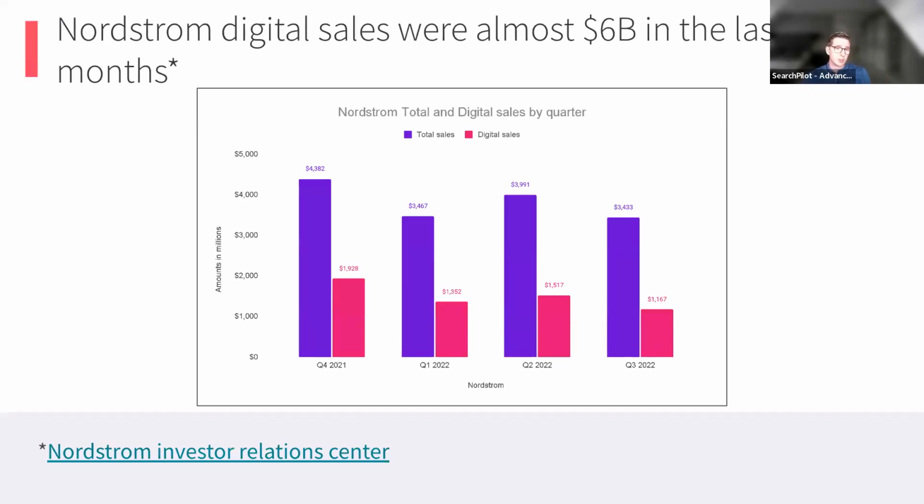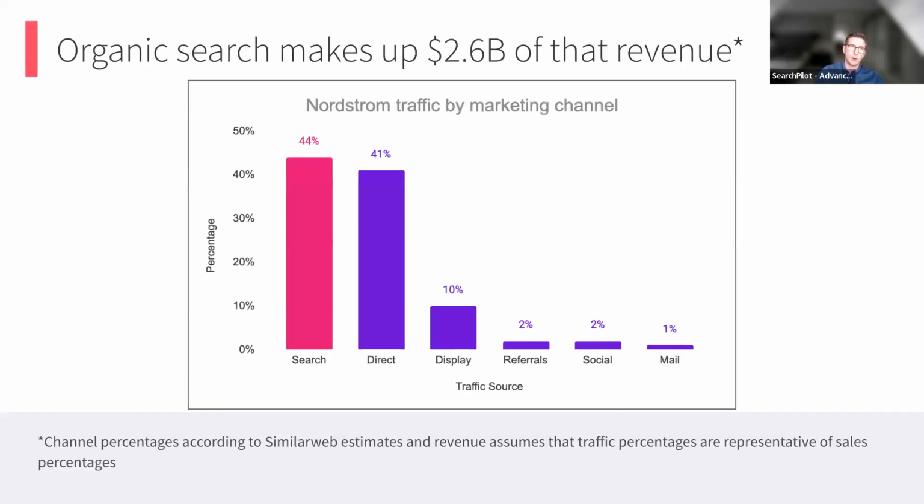And so fortunately, because they're a public company, their figures are readily available. You can go and look this up on your own. And what I found was the digital sales were almost $6 billion in the last 12 months. Now, of that, organic search, we estimate to make up about 2.6 billion, because it's about 44% of the traffic.